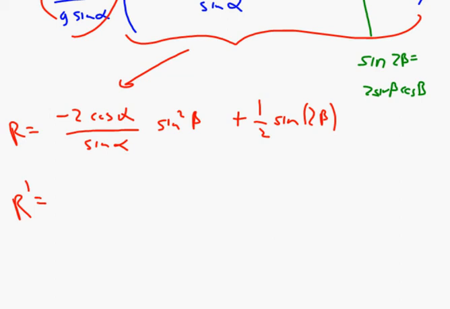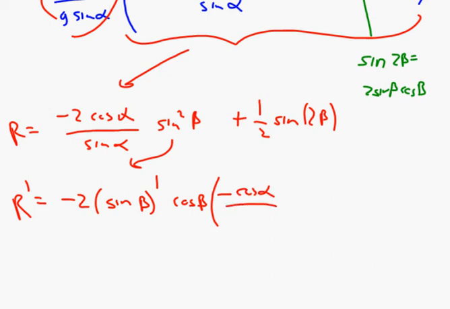The derivative of this thing right here turns out to be negative 2 sine beta to the first times cosine of beta. Okay, that comes from just this part. And it's going to get multiplied by negative cosine alpha sine alpha.